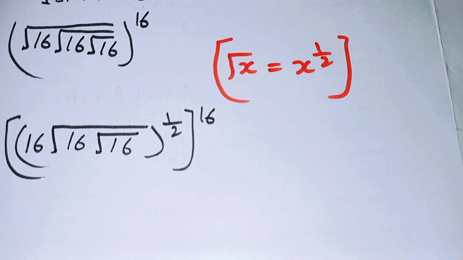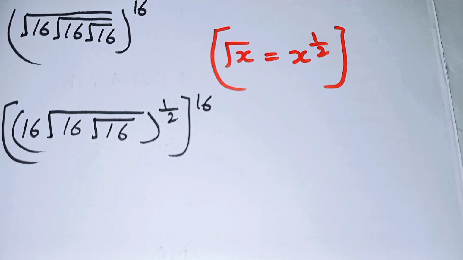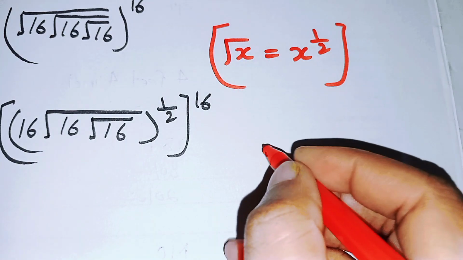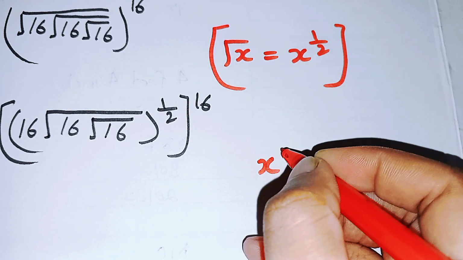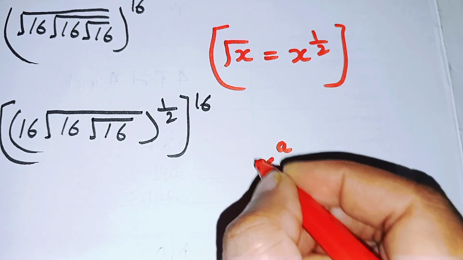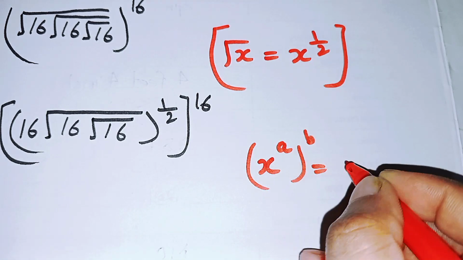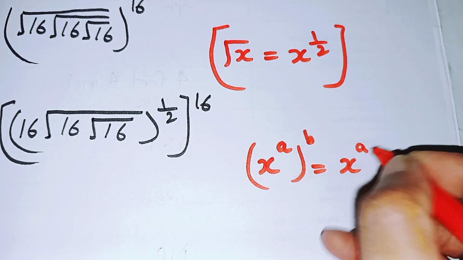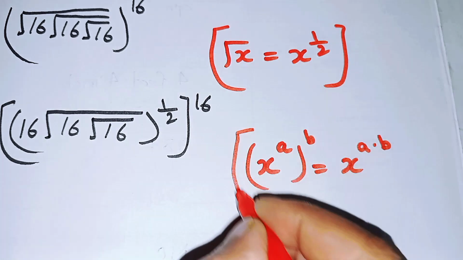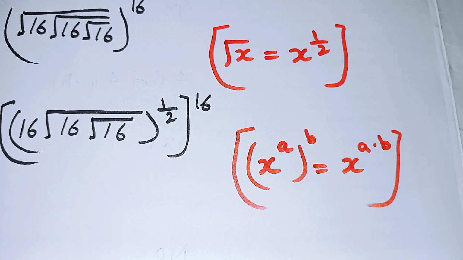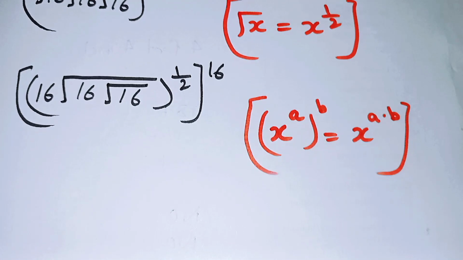Here we can solve with the help of the rule x to the power of a, and the whole thing to the power of b, is equal to x to the power of a times b. So we can solve as it is.